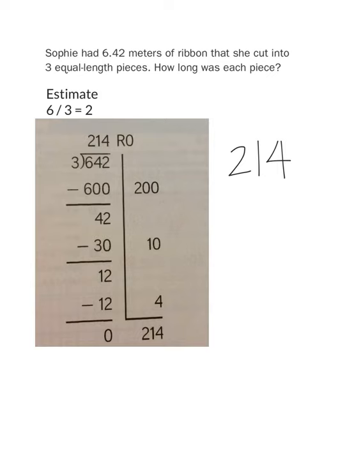Now, remember that our estimate was 2, so I have to place my decimal point in my answer so that my overall answer is as close as possible to 2. And in order to make this as close as possible to 2, I'm going to place it right here between the 2 and the 1. So each piece of ribbon was 2 and 14 hundredths meters long.